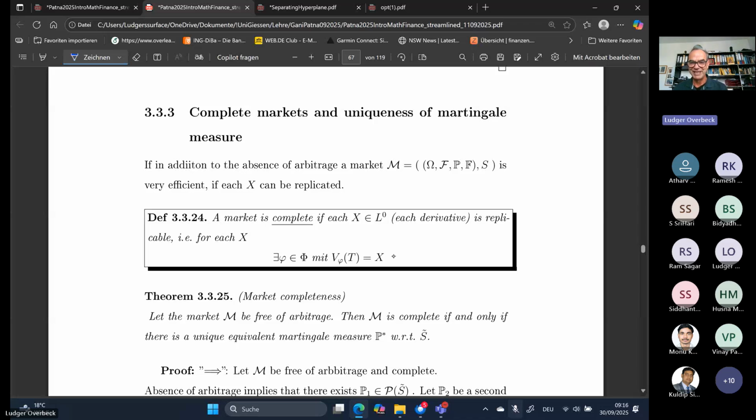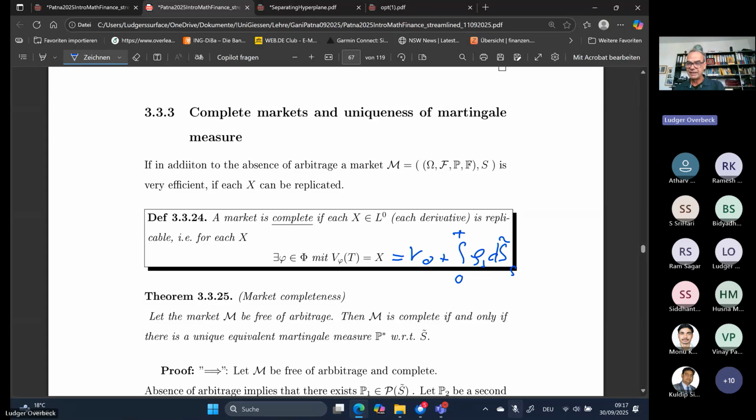Because if you want to learn mathematical finance properly, you actually have to learn stochastic analysis properly, because this tells you that in all these models we have the property that all random variables can be written as stochastic integrals. And we come back to this.